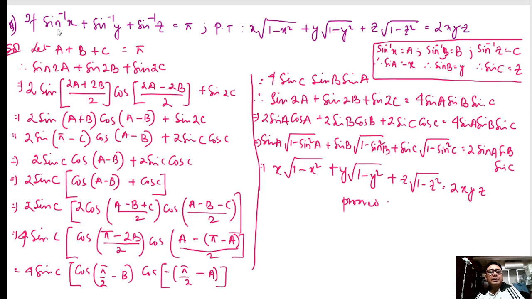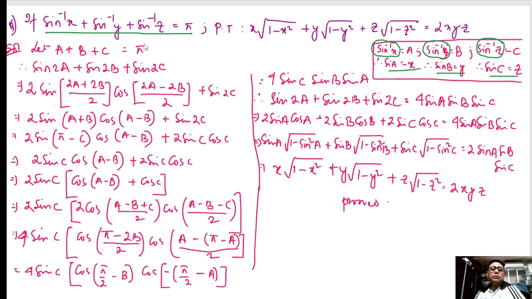If sine inverse x plus sine inverse y plus sine inverse z is pi, this is given, we have to prove this. So we can think of sine inverse x as a, sine inverse y as b, sine inverse z as c. So sin a will be x, sin b will be y, sin c will be z.